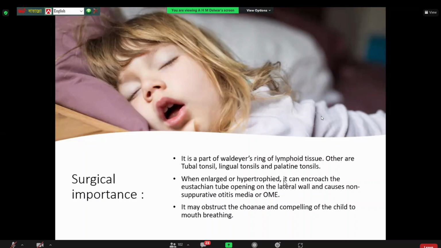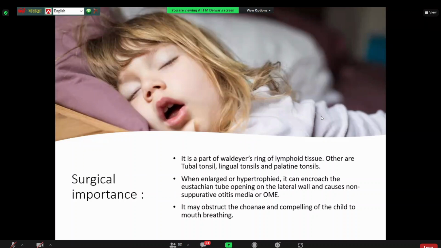It affects the middle ear and causes non-suppurative otitis media, otitis media with effusion. What does it cause? It causes conductive deafness in children.